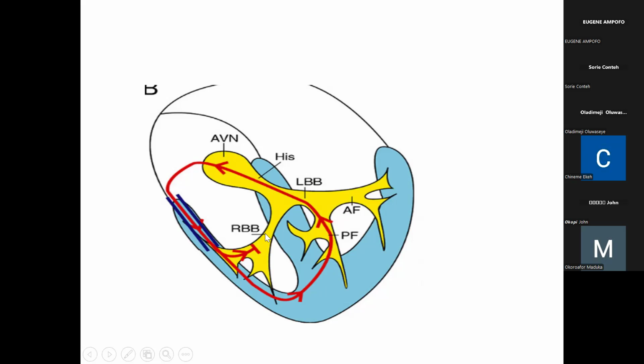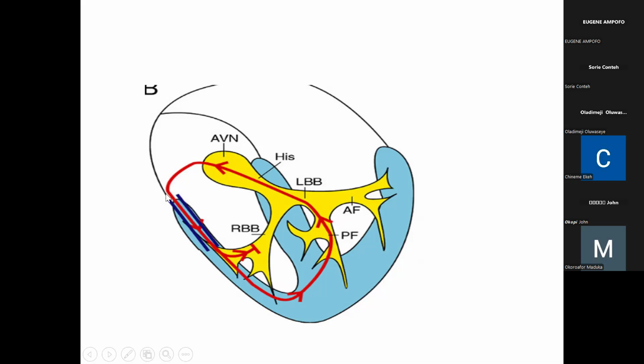So because of the speed of the aberrant pathway to conduct back upward, that can give you a faster depolarization of the atrium, coincidentally colliding with the time it is depolarizing the ventricle.